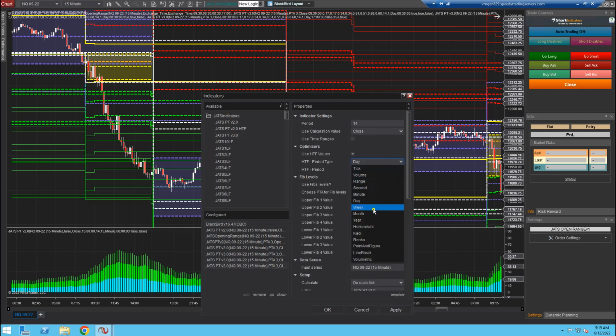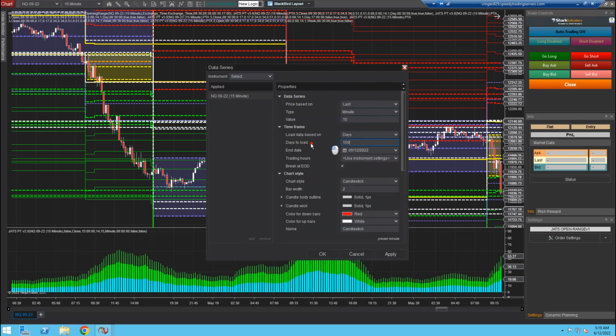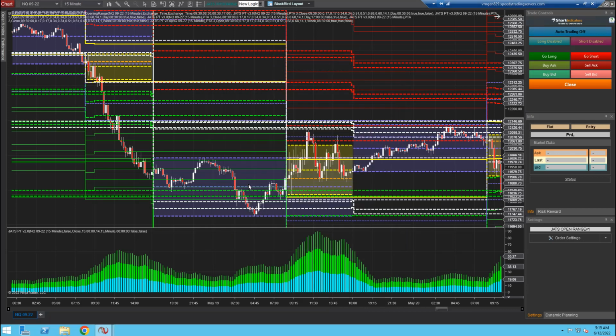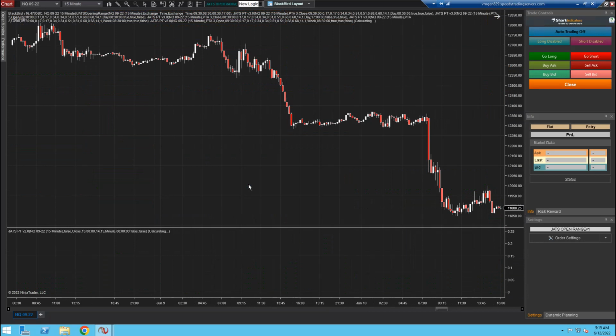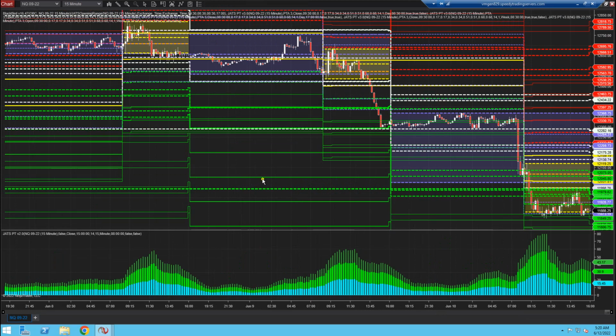So you can nest as many ranges as you would like. Just realize that if you use the higher time frame, you're going to need to put more days on your chart to get the level to print. Here we go. And so now you can see why price goes to these levels.